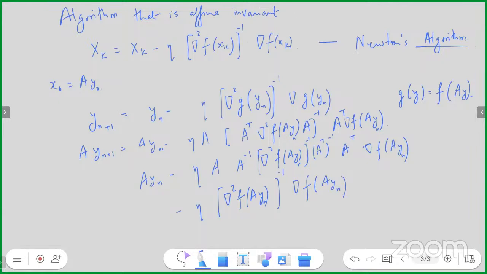So you get exactly the update you started with. So if it was true in one step before, it remains true thereafter. That's what it says.